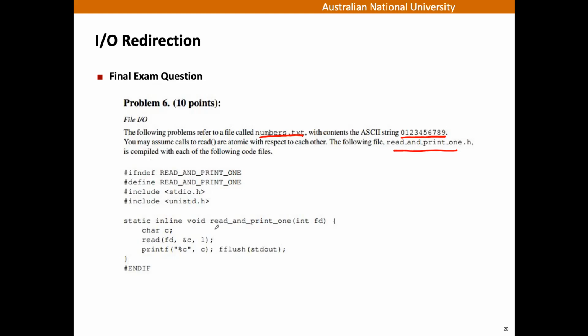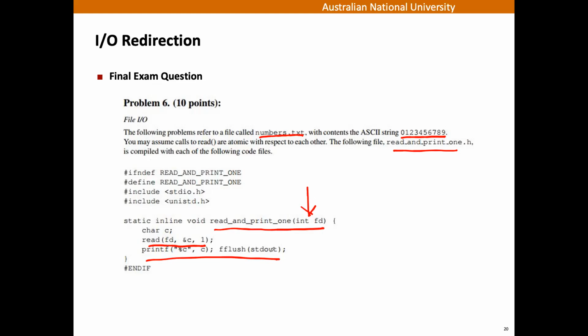So what does this function do? You give it a file descriptor, and it reads one character from the file and prints out that character on the screen. Flush flushes the standard output file descriptor buffer.